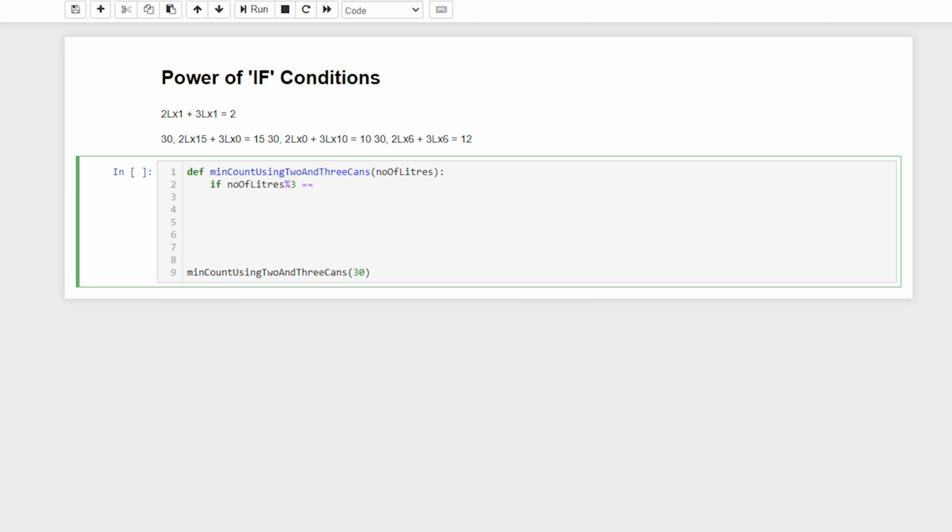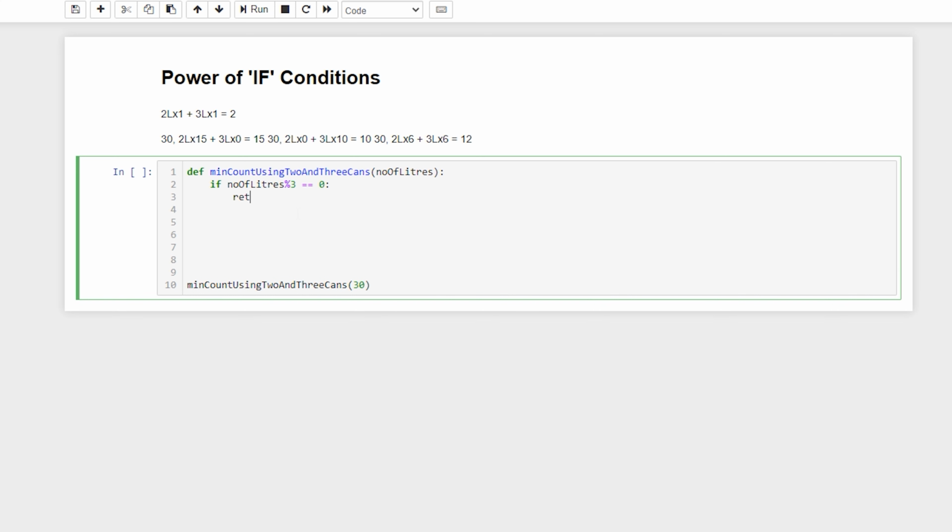So now this modulus is 0 means my program is done, which means what? Return two things, how many number of 3 liter cans and then how many number of 2 liter cans. That is the answer we need to logically return, but here we cannot return like this.